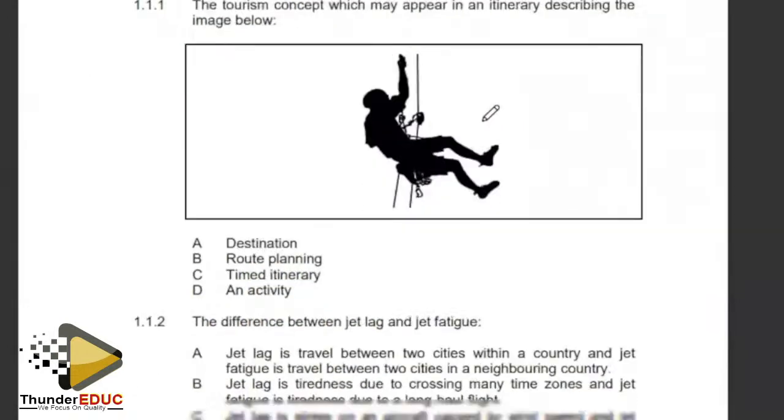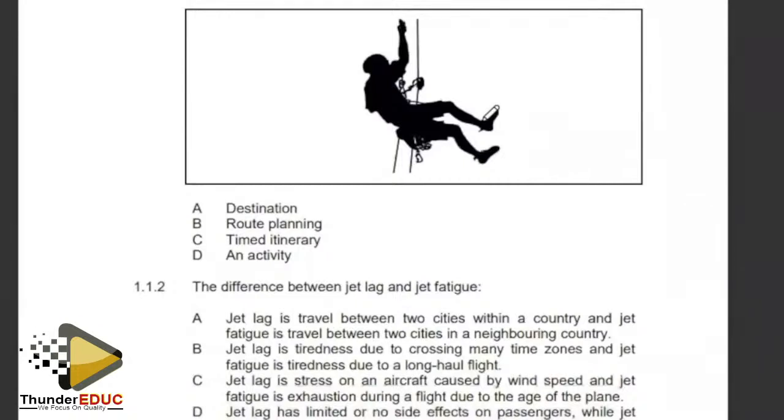The tourism concepts which appear in an itinerary describing the image below. So in other words, they are asking for your own interpretation of the image which is below. What concept is represented in the image below?